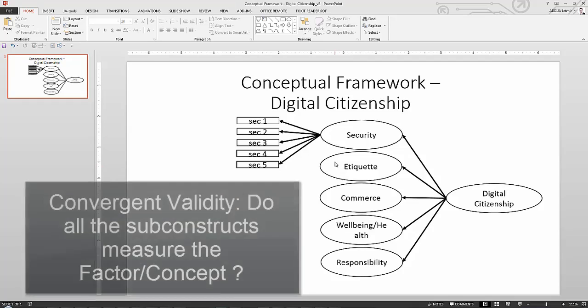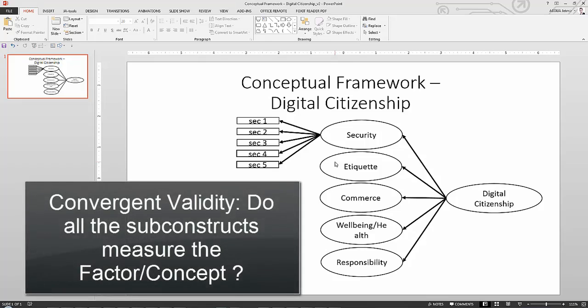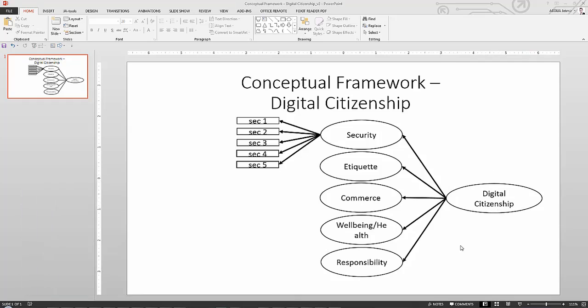What we mean by convergent, we want to measure whether security, etiquette, commerce, well-being, and responsibility are all contributing to measure digital citizenship. There are two types of analysis which we can run to validate.